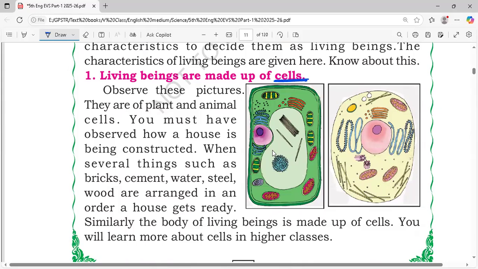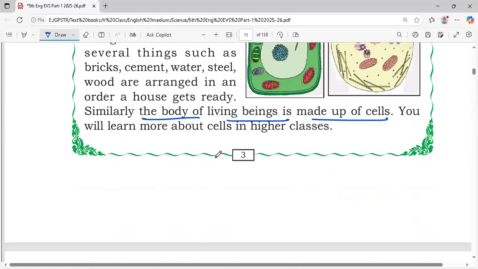You must have observed how a house is constructed, and several things such as brick, cement, water, steel, wood are arranged in an order and a house gets ready. Similarly, the body of living beings is made up of cells. You will learn more about cells in higher classes.